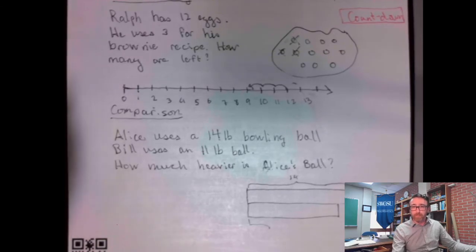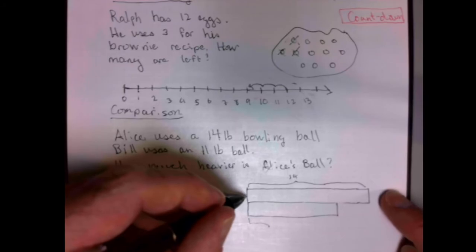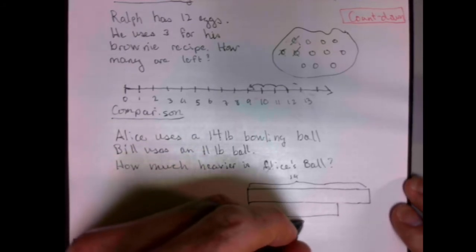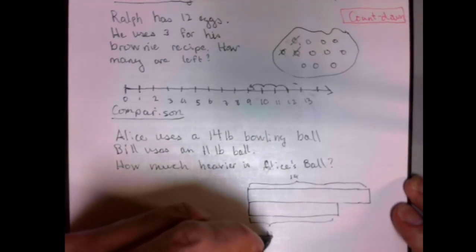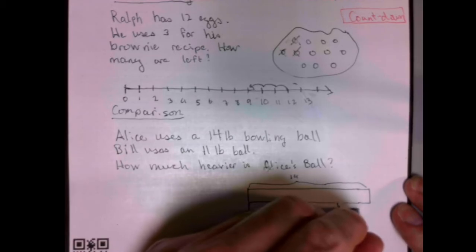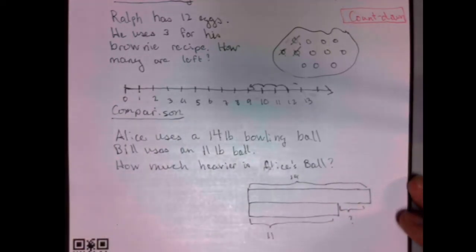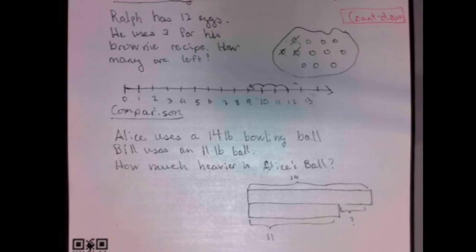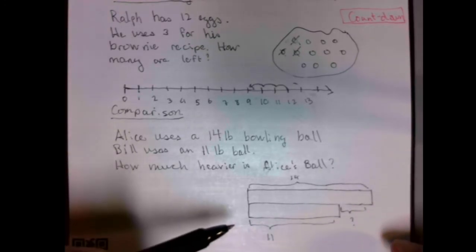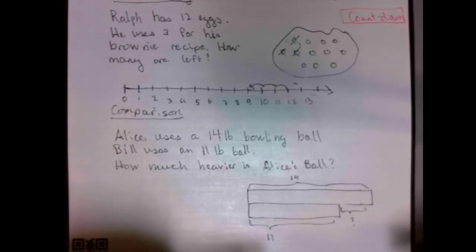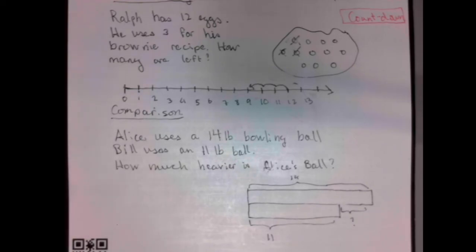This is the bar that represents Alice's ball, and this is the bar that represents Bill's. It's 11, so what we're trying to do is find out that length right there. We're comparing the two lengths and trying to figure out the difference to get our answer.